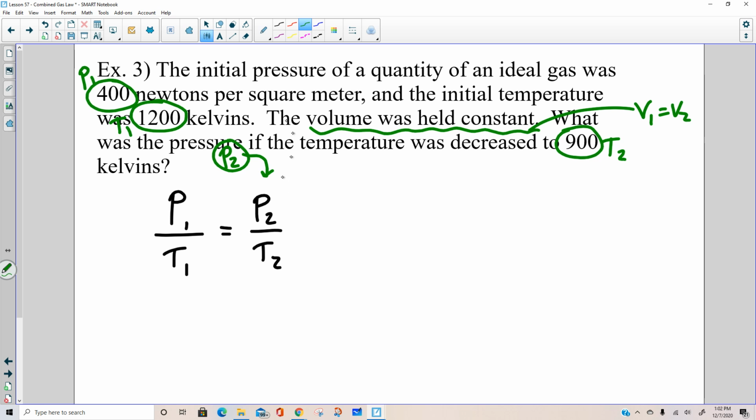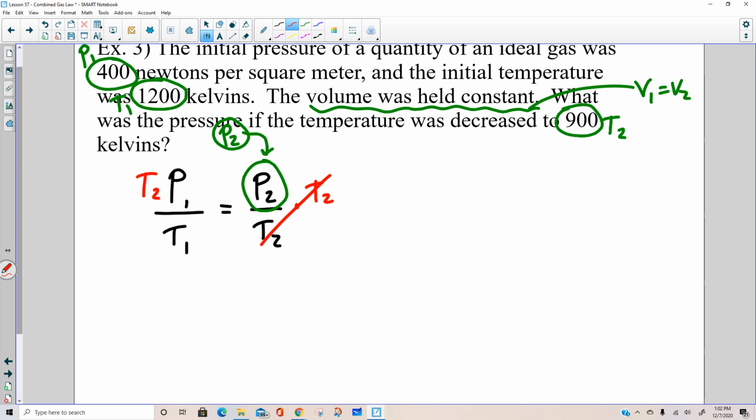So Macy, can you tell me how I would get P2 by itself? Perfect. Multiply by T2 on both sides. Great. All right. Love it.